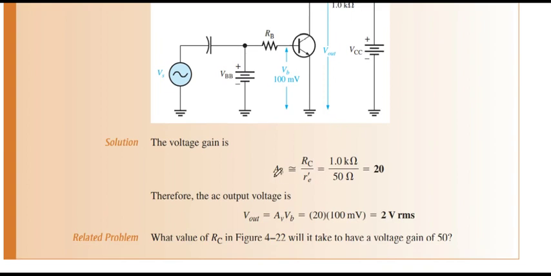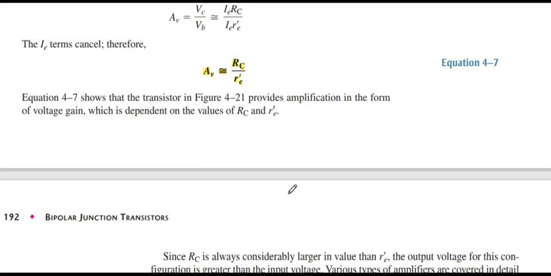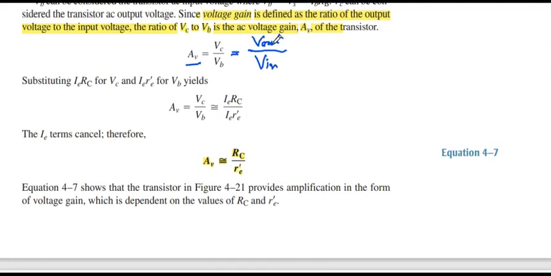Let's see. The voltage gain AV is equal to RC divided by RE prime. So RE prime is 50 ohm and RC is 1 kilo ohm. Then we get a voltage gain of 20. Then we calculate the output voltage. What is the output voltage? V out is equal to AV VB, as we know that AV is equal to V out divided by V in.